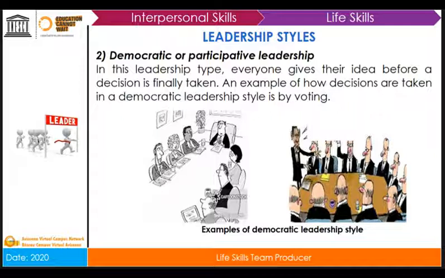In this leadership style, everyone gives their ideas before a final decision is taken, even though the leader normally maintains the final decision-making authority.